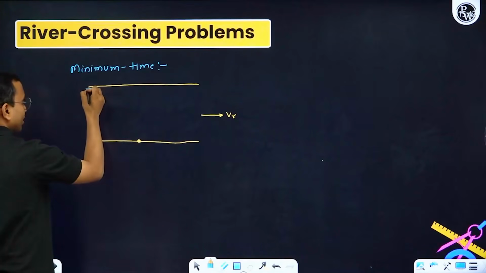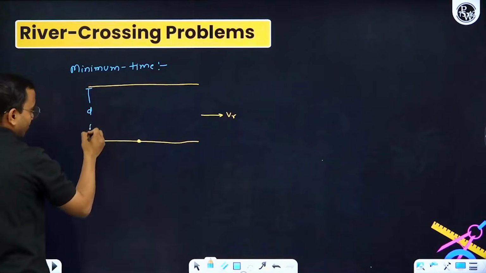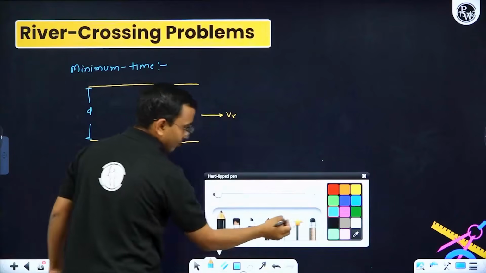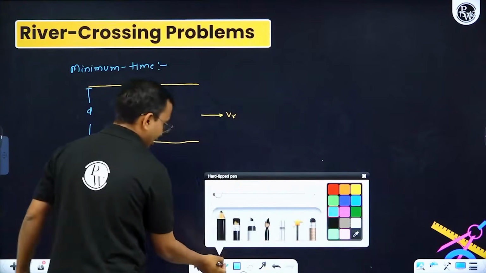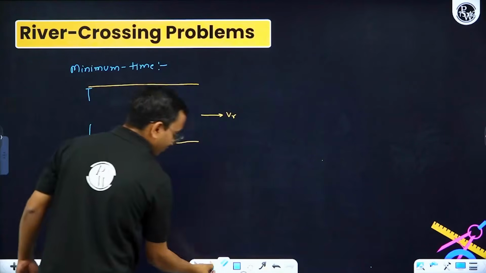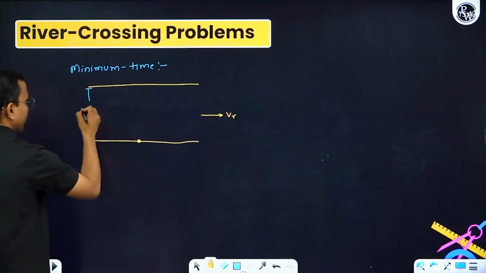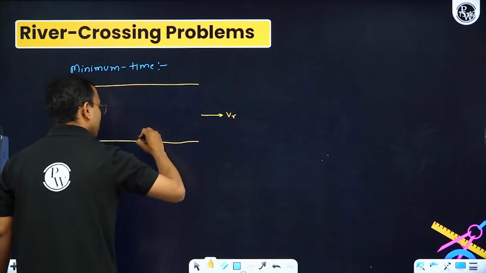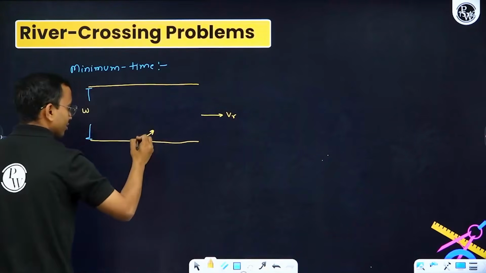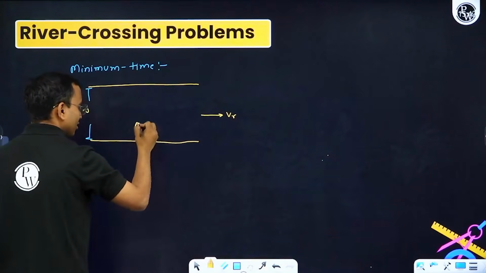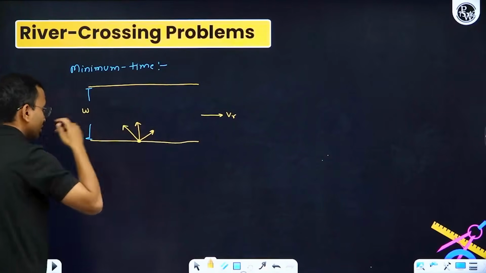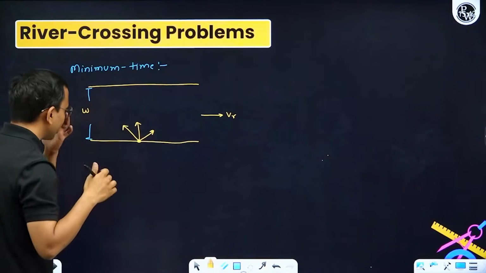Let us take the width of the river as w. Now the person can swim in this direction, or in this direction, or in any other direction.